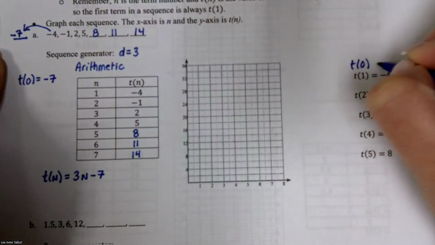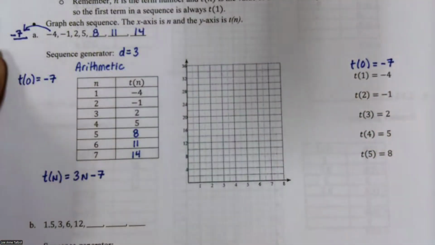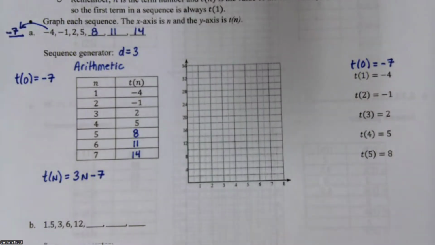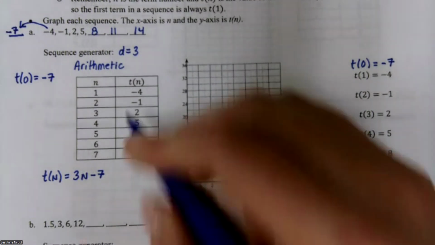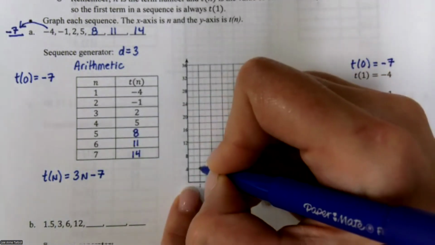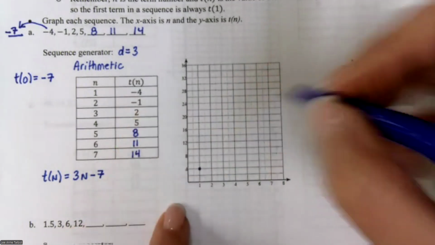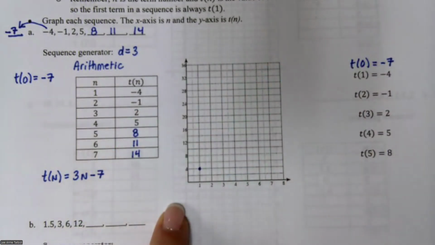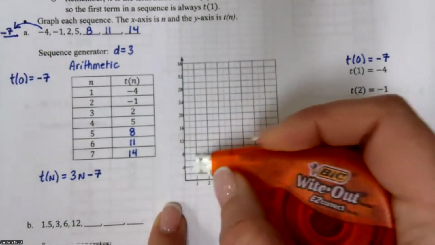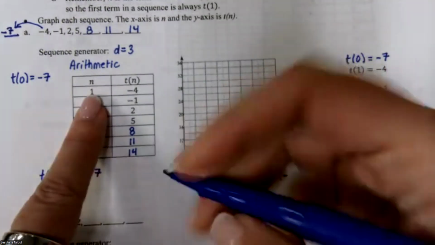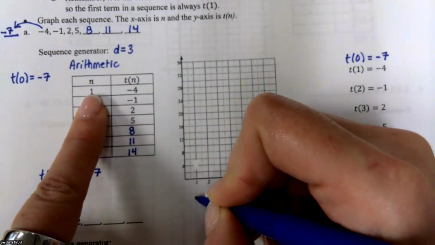I should have written that over here. Okay, last thing, I just need to graph the ones in the table. That's -4. That's -4. Okay, hold on. We're just gonna have to estimate that guy.